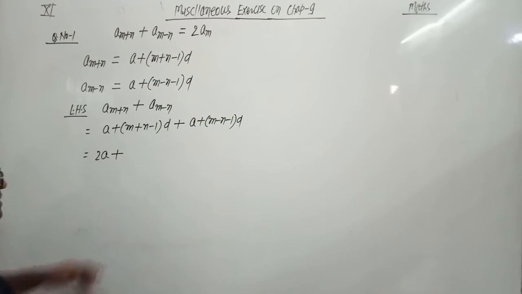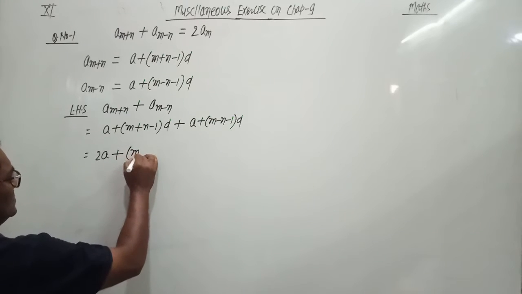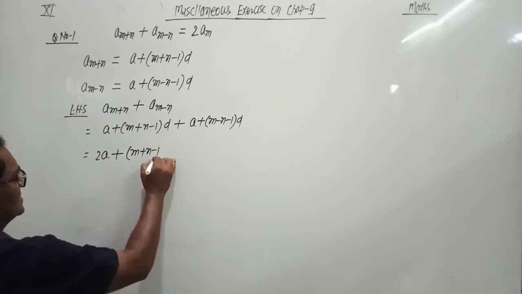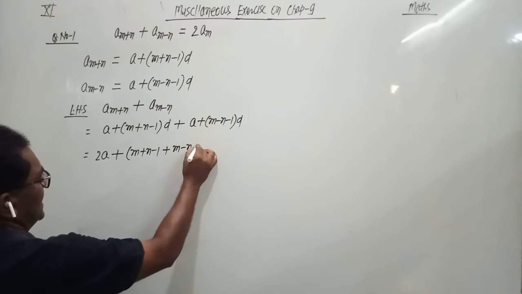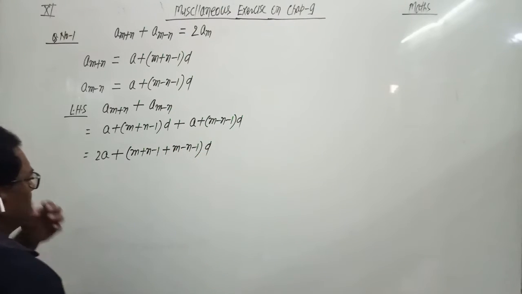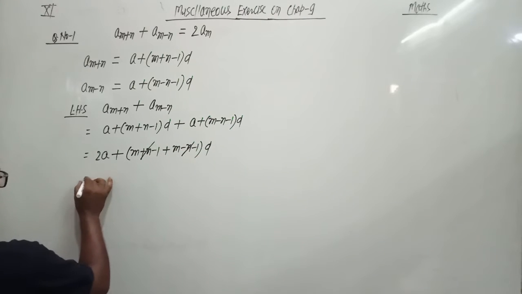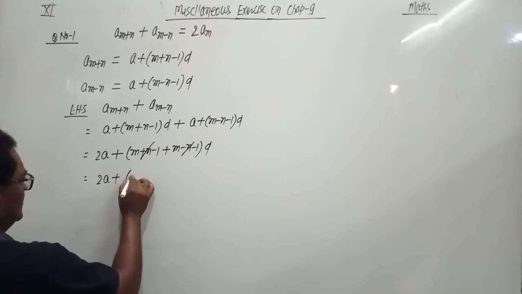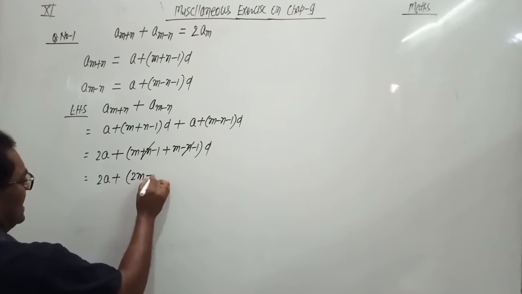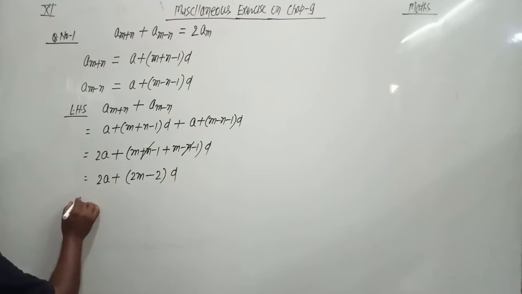And from these two terms, d is taken common. So m plus n minus 1 plus m minus n minus 1 into d. Plus n minus n cancelled, and we get 2a plus 2m minus 2 into d.